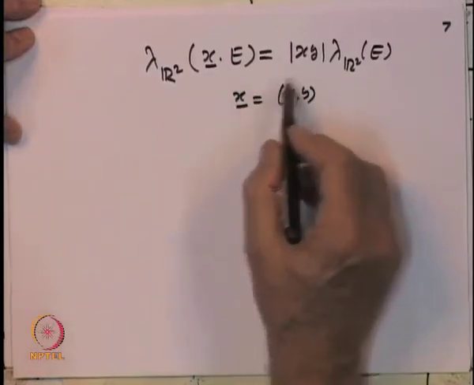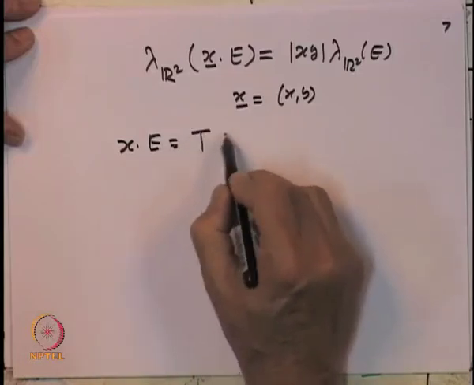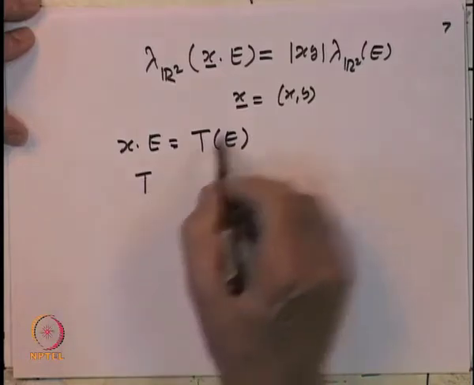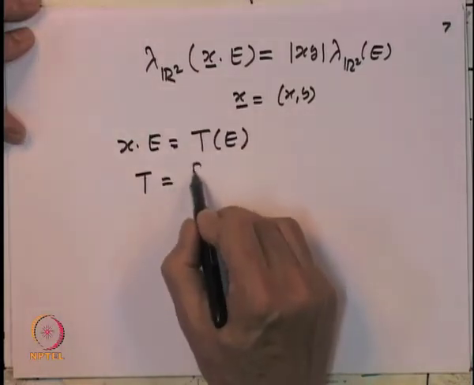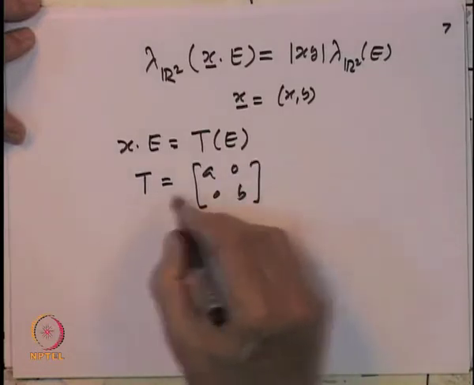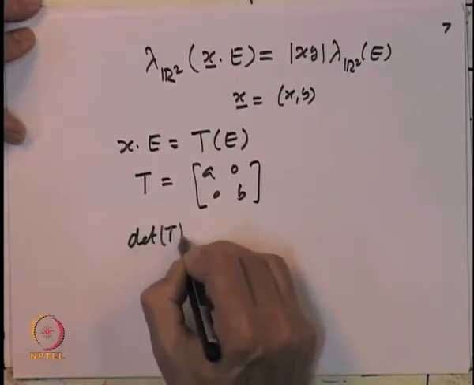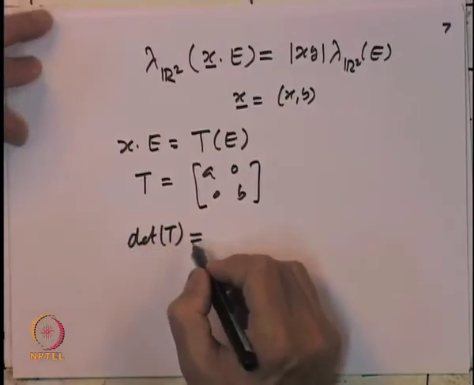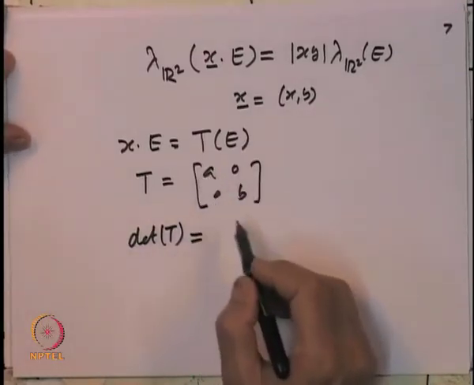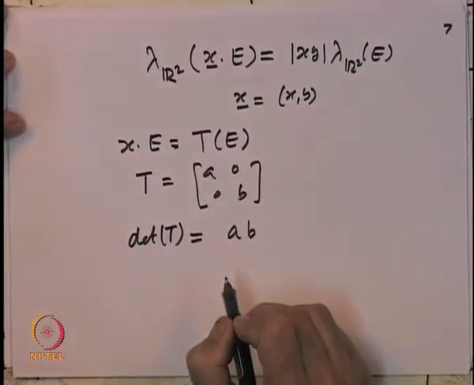But x dot E is the image of E under the linear transformation T, and this T is given by the diagonal matrix with entries A, B. For this diagonal matrix there is a notion called the determinant of the transformation T. What is the determinant? For 2 by 2, it is cross multiplying and subtracting, so it is A times B for this matrix.